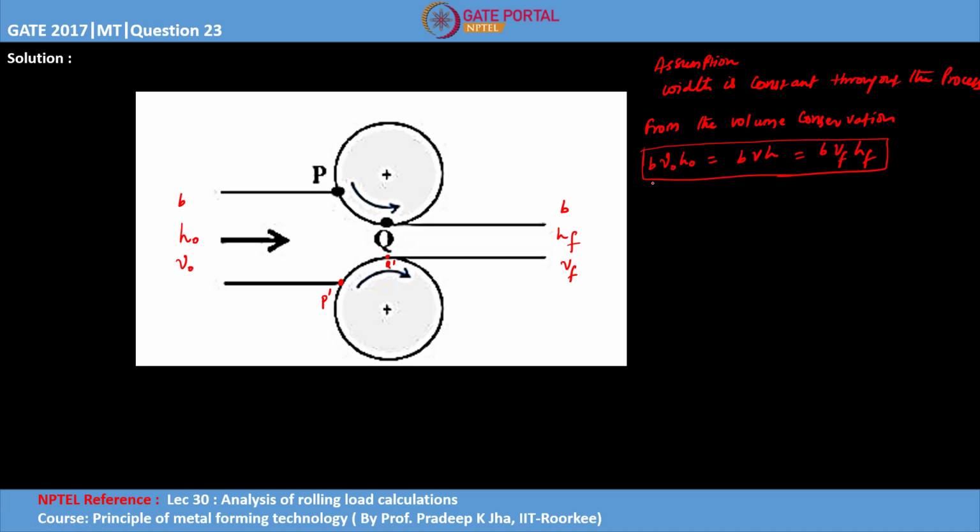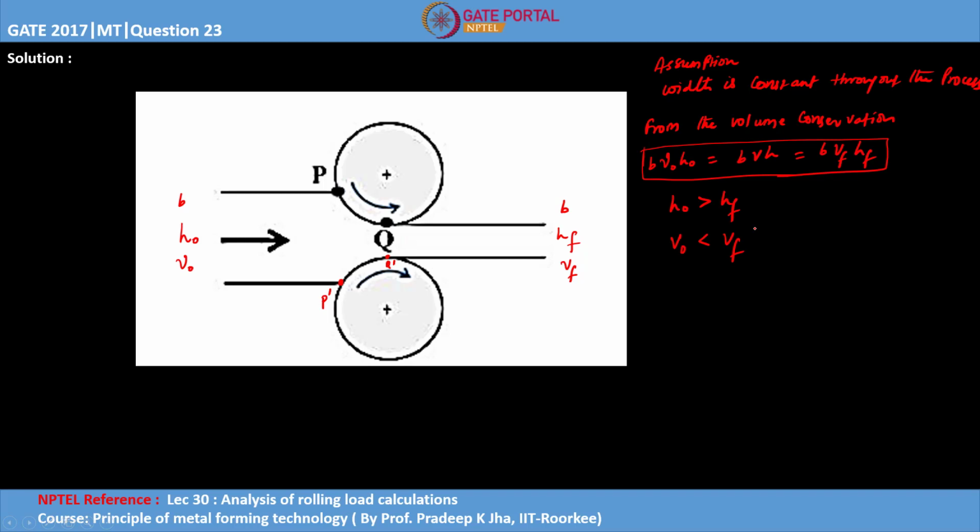Now since the width of the slab is constant, and we know that h0 is greater than hf, the initial thickness of our slab is more than the final thickness. So from this, since b is constant, we can conclude that v0 must be less than vf.